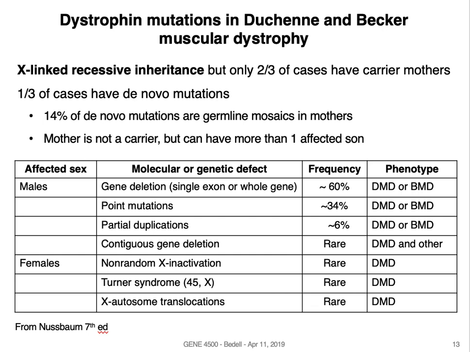I'm not sure how many different autosomes are involved in this, but one portion of the X chromosome translocates reciprocally with a portion of an autosome. So the genome is still balanced.